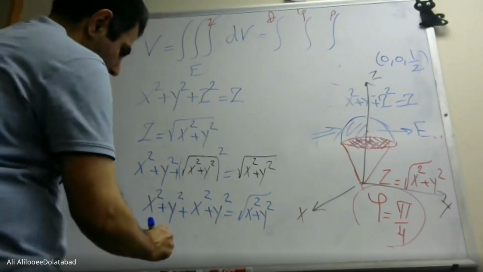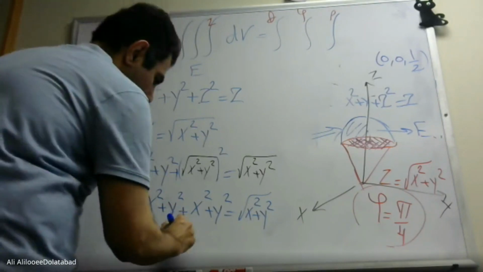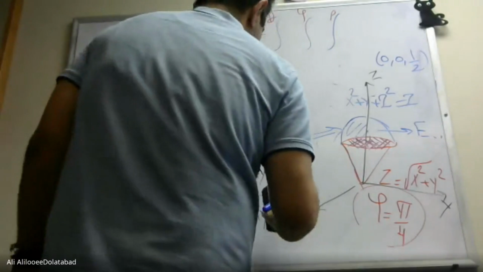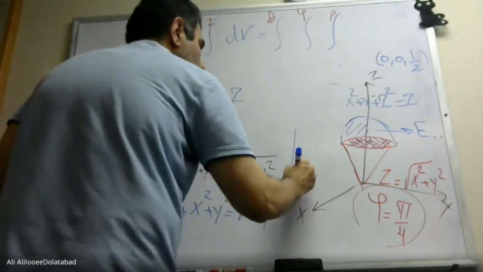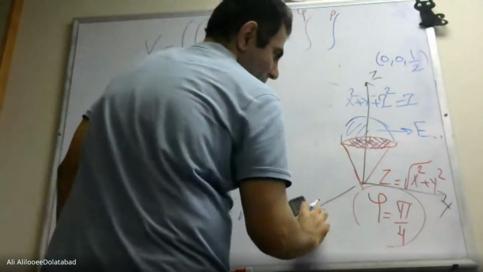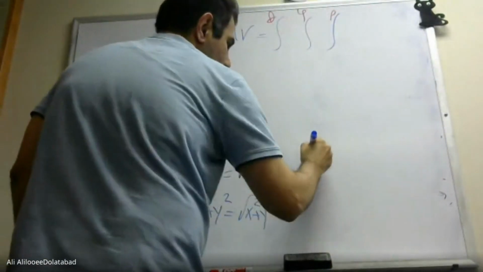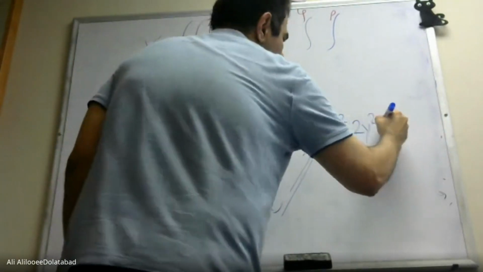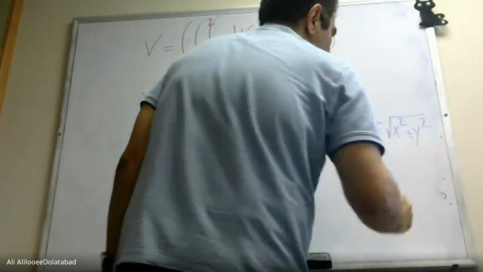Then we can say 2x squared plus 2y squared equals root x squared plus y squared.